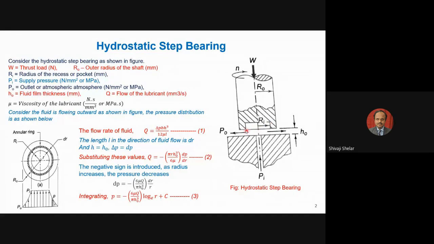So this is the pocket or recess created here. So the inner radius of that pocket is equal to Ri. Then Pi is the supply pressure of the fluid. So fluid is coming through this hole, which is pumped. So it will be supplied at pumping pressure Pi. So Pi is your supply pressure, which will be in terms of Newton per millimeter square or megapascal.